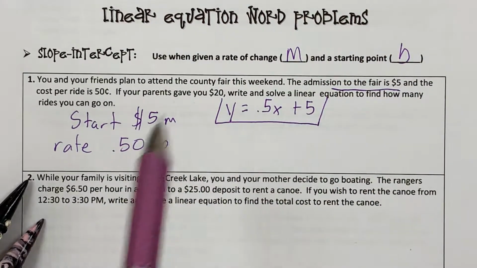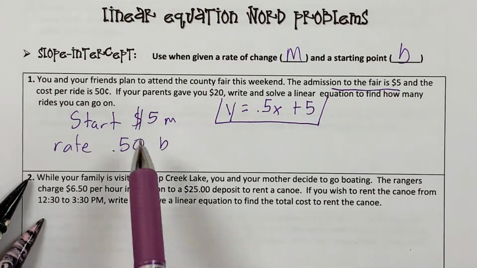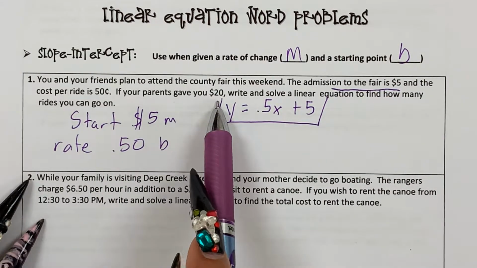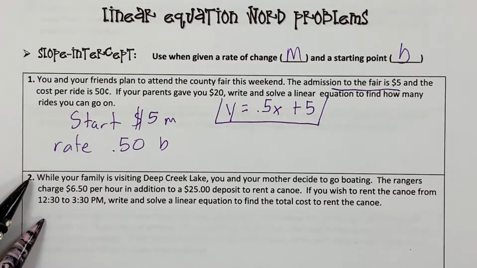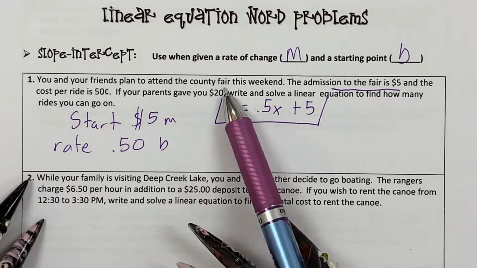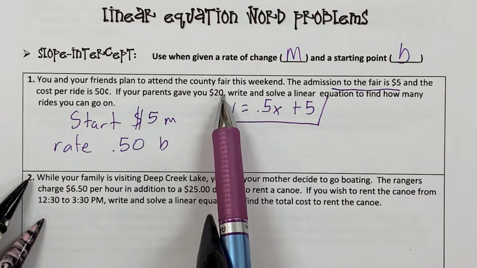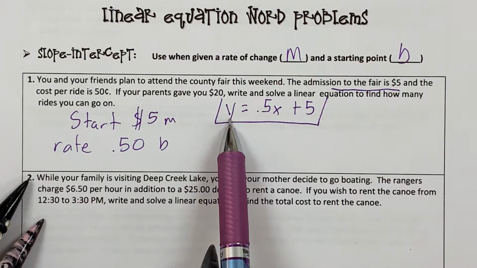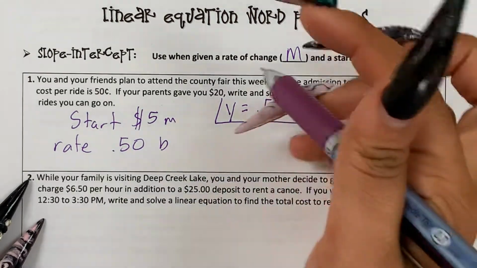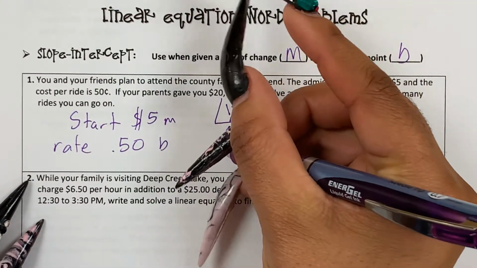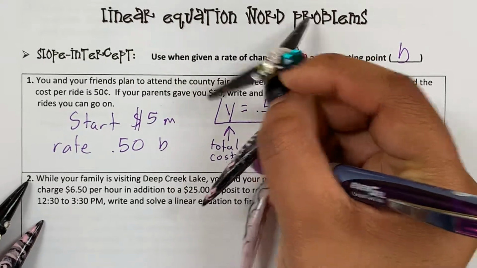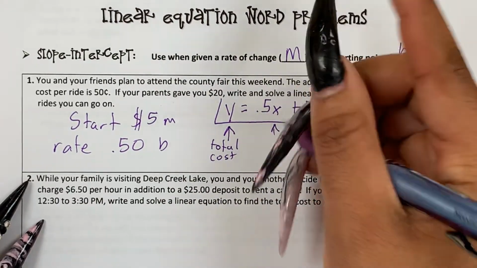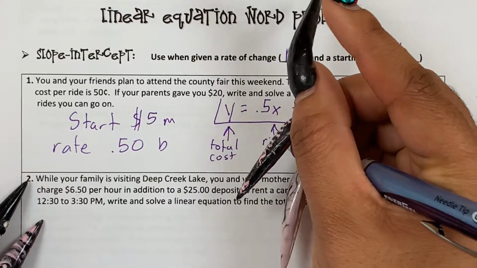Now we're going to use this equation to answer the question. If your parents give you $20, write and solve a linear equation to find how many rides you can go on. So $20, that's how much your total cost is. The X is the number of rides.